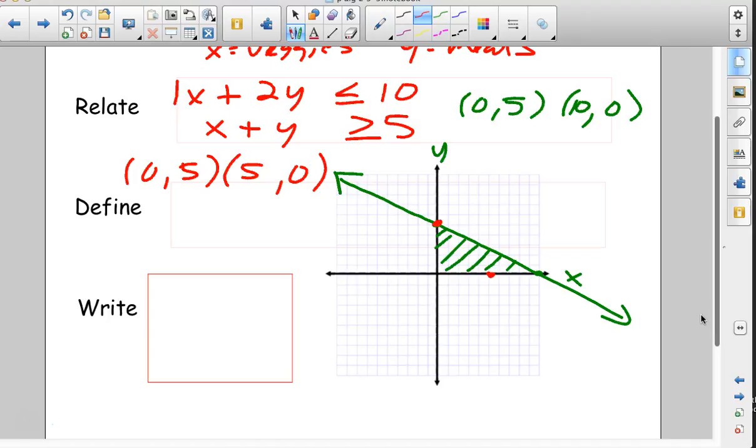Ooh, dashed or solid? With word problems, we usually end up using that equals a lot. Now, this said greater than or equal to 5 toppings. So where are we shading for the red one? Yeah, it's got to go up.